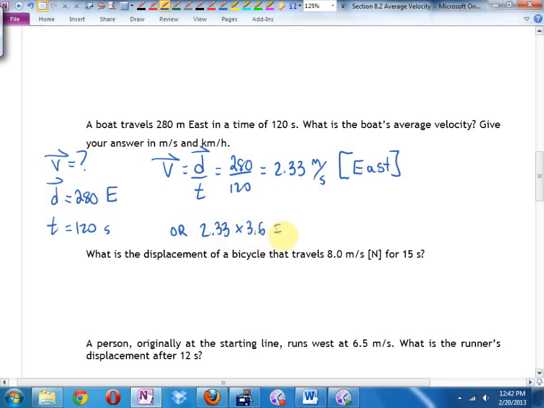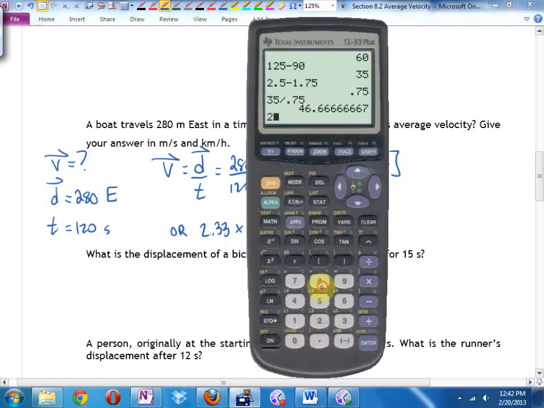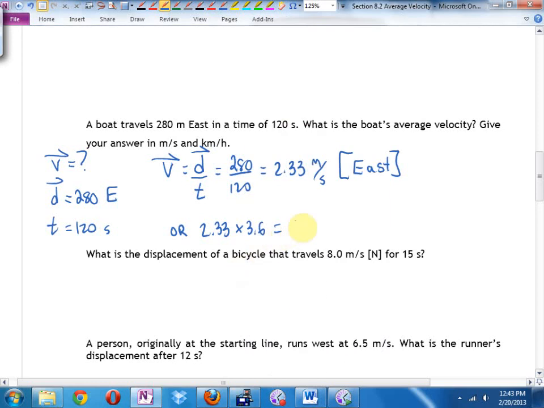If you have that answer still on your calculator, 280 divided by 120 times by 3.6. East.